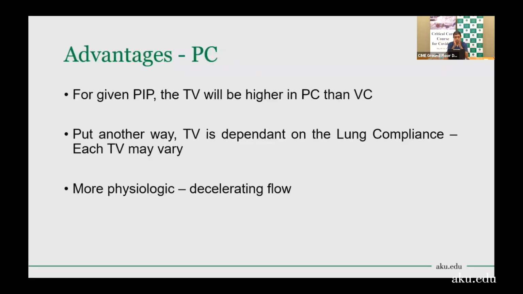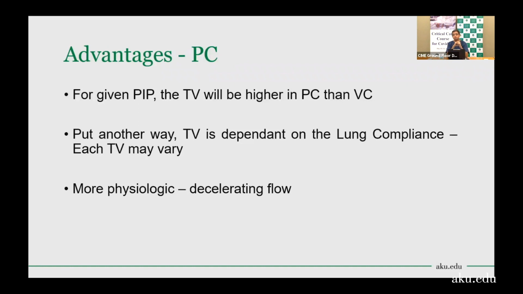So you have to realize that for a given peak inspiratory pressure, the tidal volume may be higher in pressure control as compared to volume control. The tidal volume in volume control is controlled by us when we dial it up on the ventilator. The tidal volume in pressure control is not controlled by us, but the airway pressures are controlled by us.